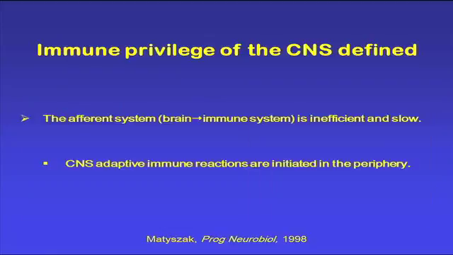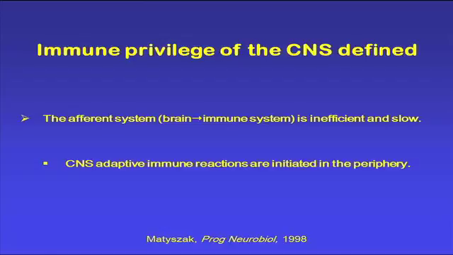First of all, the afferent system by which the brain talks to the immune system is inefficient and slow. You've put something that represents what could be an infection directly into the brain, and the brain barely reacts.